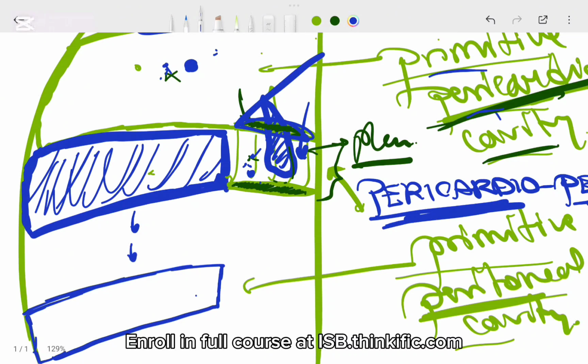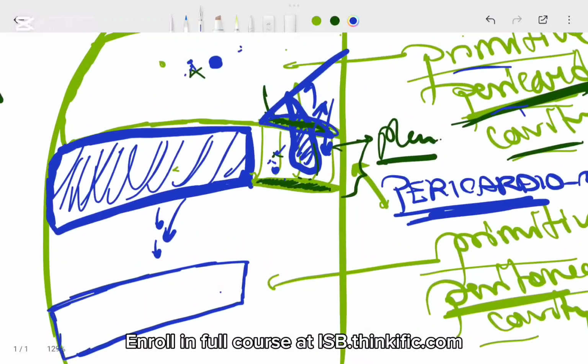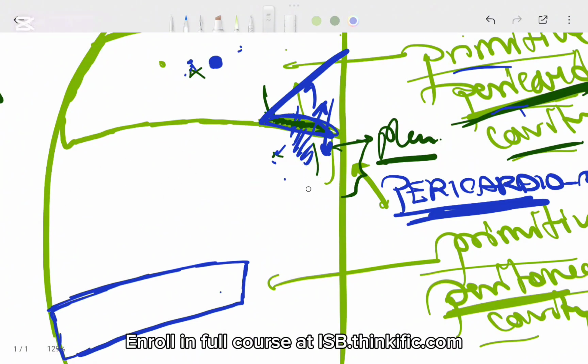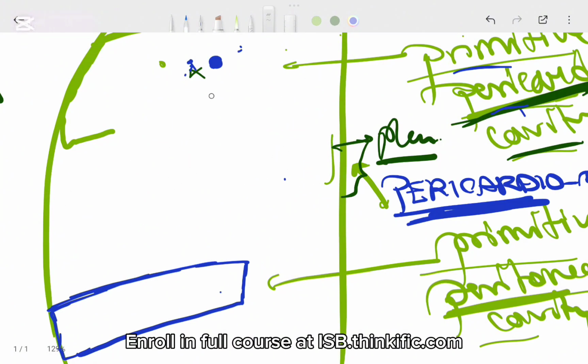As the lung is growing and the septum transversum is descending, this membrane will tilt like this. And the lung will be essentially behind it. So I will draw the new position here. I'm going to remove all of this, and we're going to draw the new position of that.